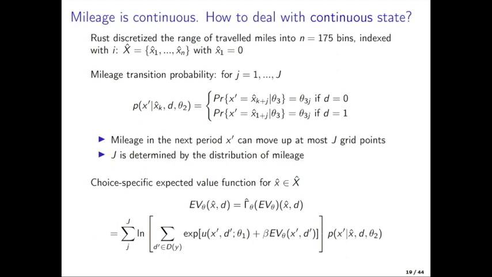So with this discretization, we can write the choice-specific expected value function for x hat, where x hat are the discretized states now, in the following way. And now you're essentially summing over those J possible transitions instead of doing an integral over all the values of x.